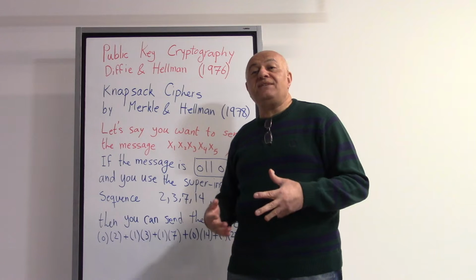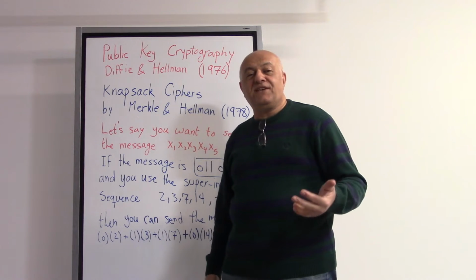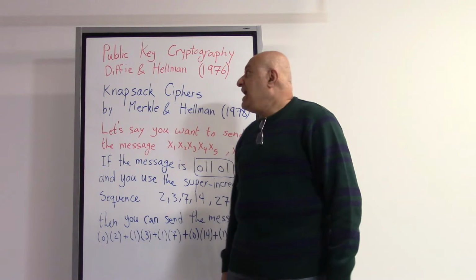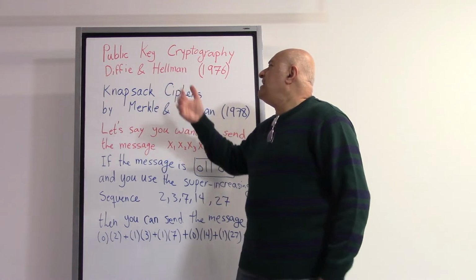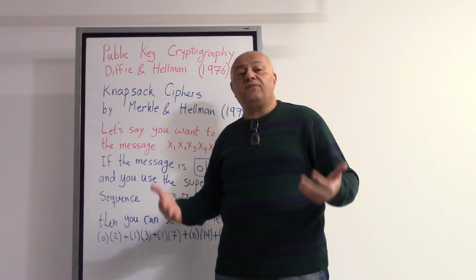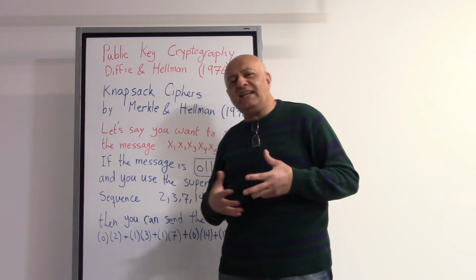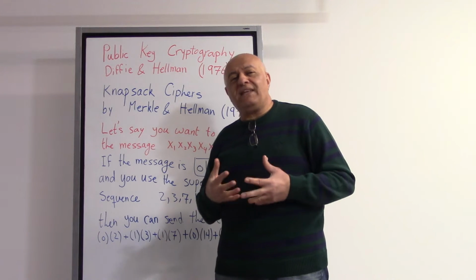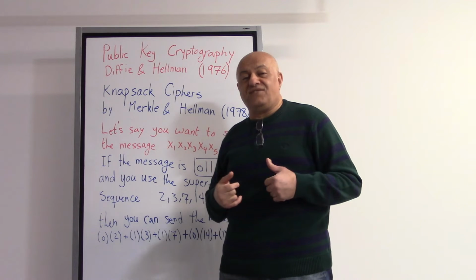And there is another which is public, that whoever wants to send the message can have. And the problem was, although they set the theoretic foundations of public key cryptography, they didn't have good mathematical examples of how to make such a thing.